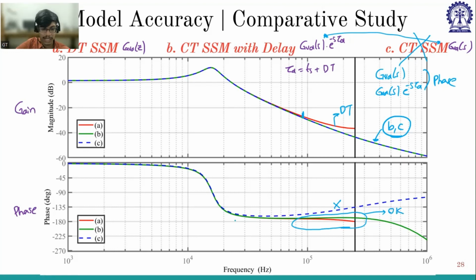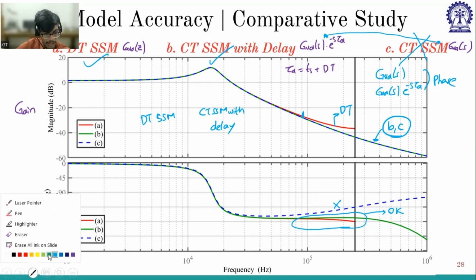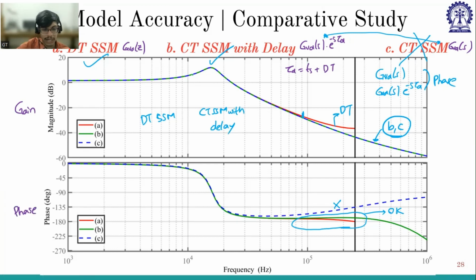So B is matching with this. Our conclusion is that the discrete time small signal model and the continuous time small signal model with delay are closely matching. There is some mismatch, but they're closely matching. So when to use what?